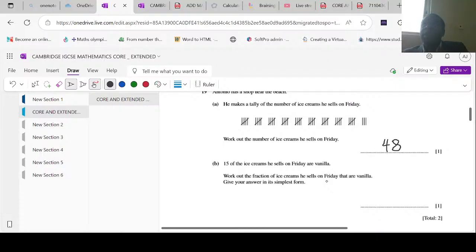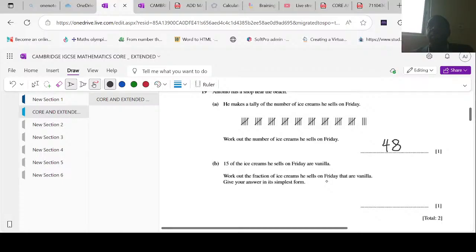We must find those amounts that will exactly give us 15, right? And that's just 3 out of the tally, am I correct? So the fraction is going to be 15 over 48, isn't it?